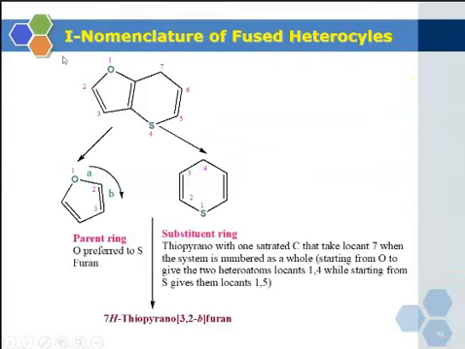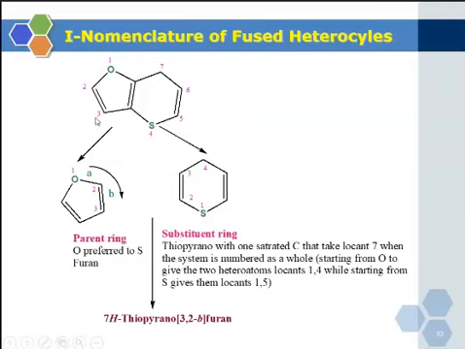Now if we see the numbering of this entire fused structure, we will start the numbering with the heteroatom having higher priority, that is oxygen, and we will move the numbering like 1, 2, 3, next 4. Remember, when there is a fusion site and the site of fusion bears a carbon atom, that time no number is given here.